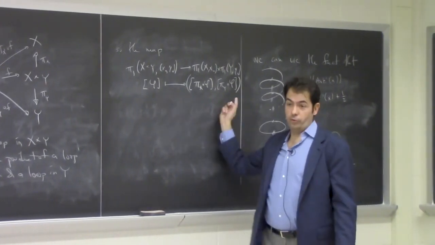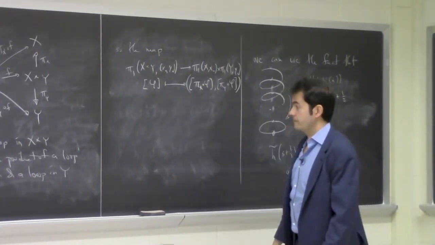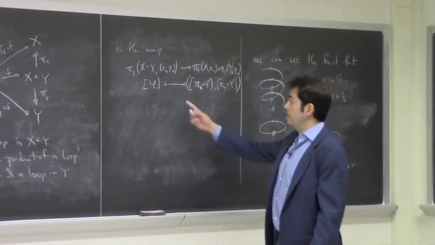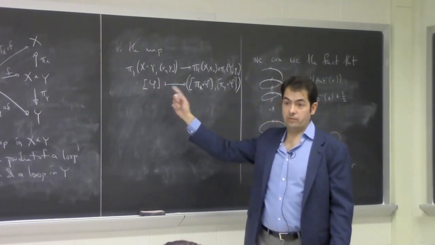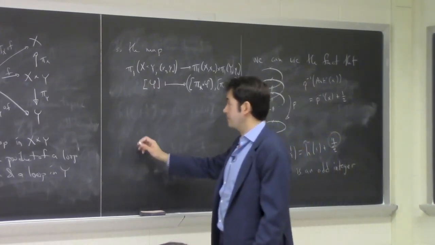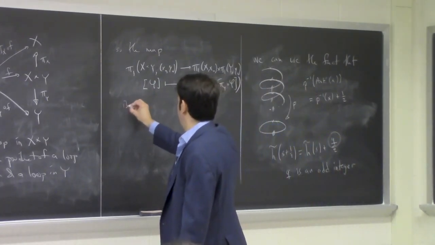Because homotopies correspond to homotopies. And it's bijective, because every map like this comes from a map like this. So this is a bijection.